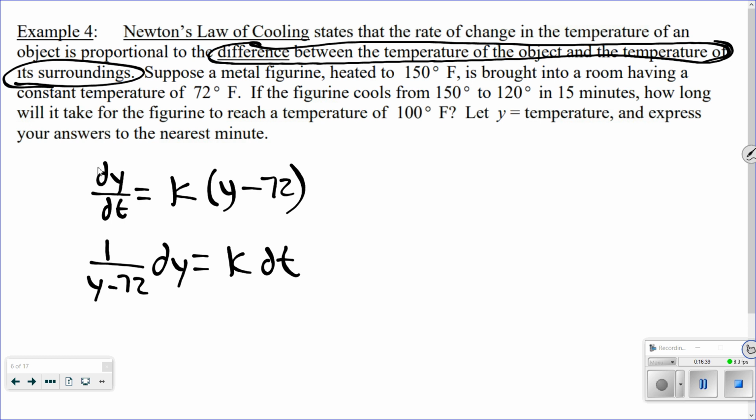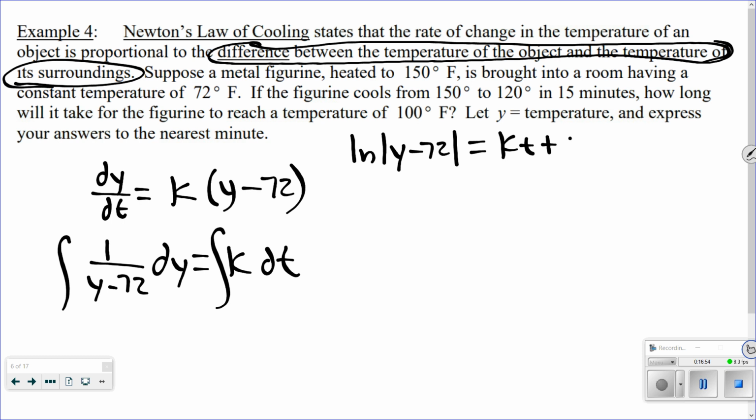Okay, integrate both sides. On the left side, that would be the ln of the absolute value of y minus 72. On the right side, it would just be kt plus c, plus my constant.